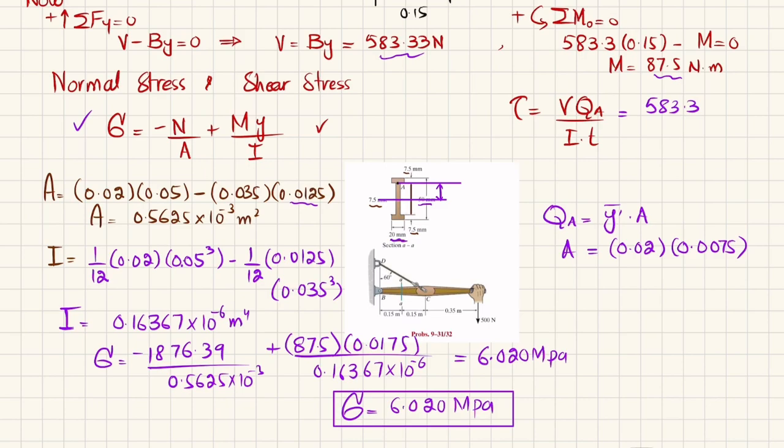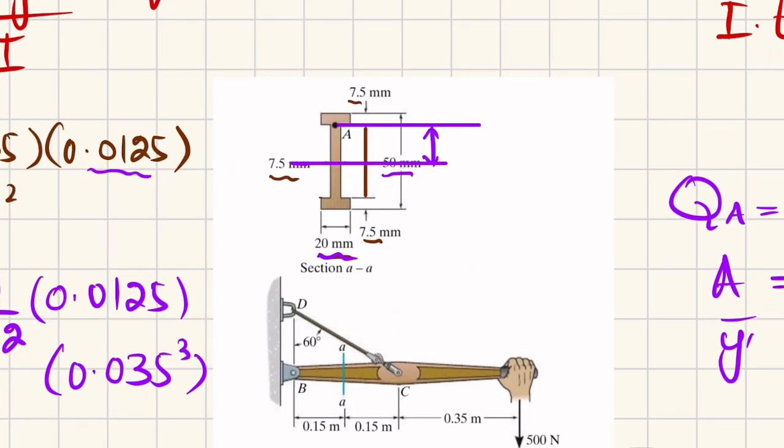Clear? And what will be the y dash? So y dash is the distance from the neutral axis till the mid of this section, this area. Let me zoom it. From the neutral axis till the mid of this section, you can calculate this distance is 35 and this is 7.5 divided by 2. So this distance will be 21.25 millimeter.